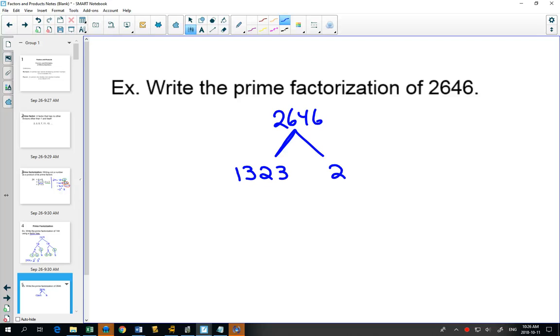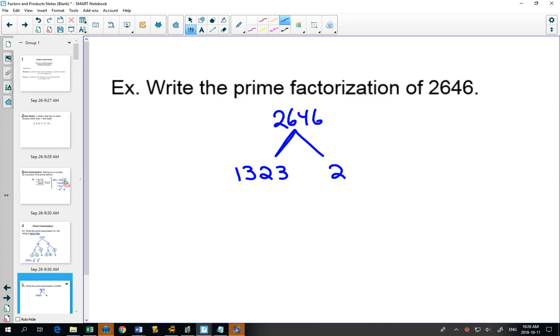How do I know I can divide that number by 3? Does anybody know the trick for dividing by 3? Yes. So the trick for dividing by 2 is the last number is even.